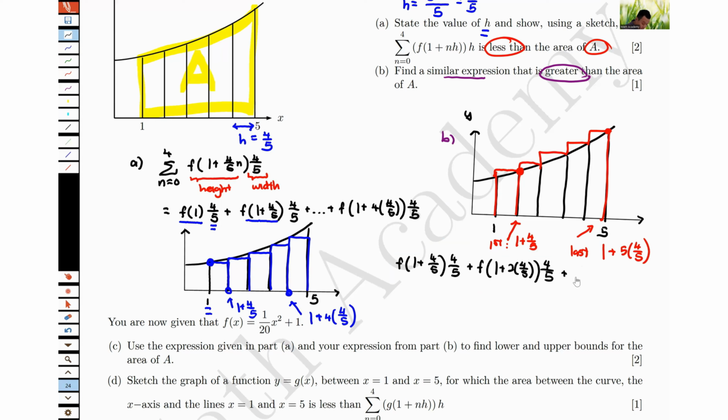So if I go all the way to the last one, it will be f(1 plus 5 times 4/5) times 4/5.